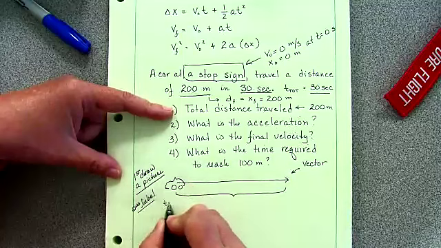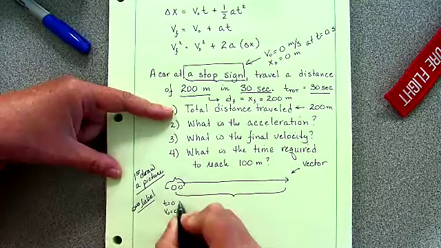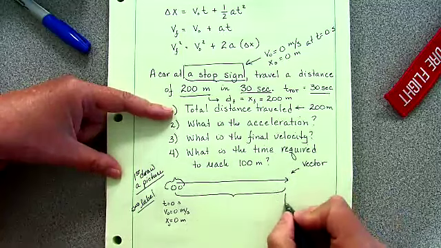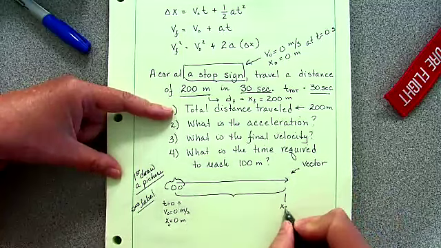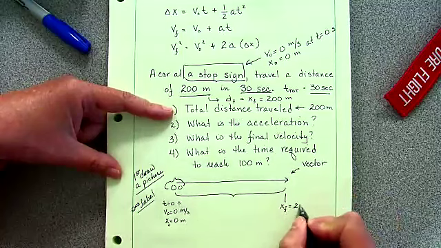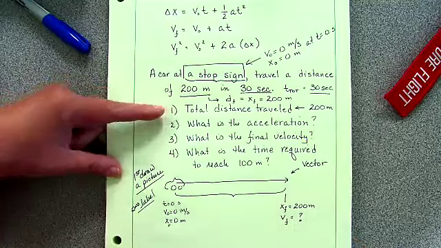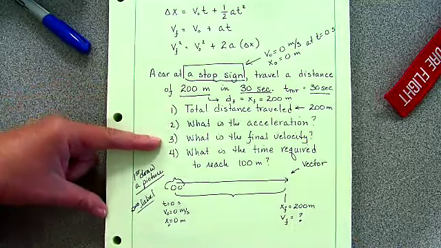At t equal to 0, we have initial velocity equal to 0 and my position is equal to 0. At the final, I'm now at a position of x final equal to 200 meters. We don't know the final velocity yet.